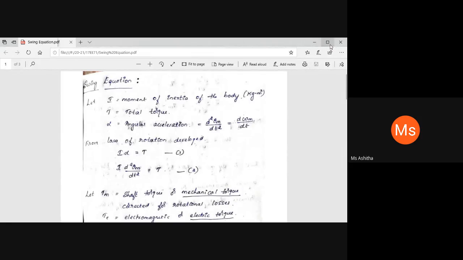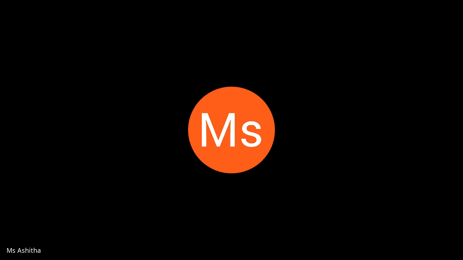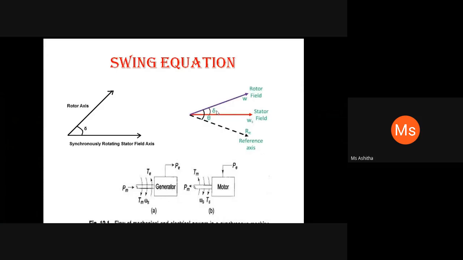Let us now see the numerical solution of the swing equation. The theta and delta, which I explained in the last swing equation, are nothing but the axes which I am showing here.